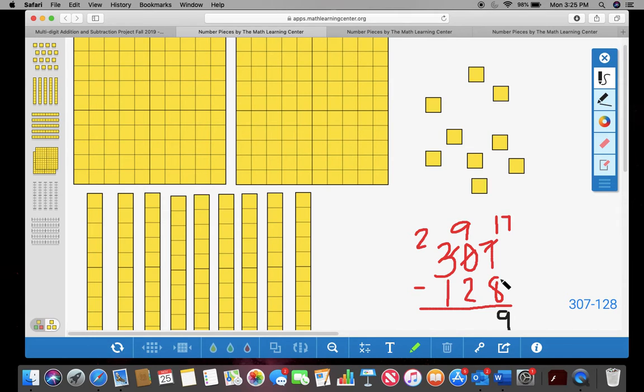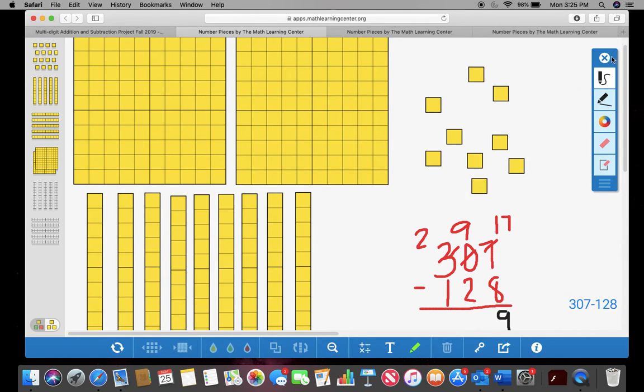Moving to the tens place, you now have 9 minus 2. The student has 9 rods right here: 1, 2, 3, 4, 5, 6, 7, 8, 9. To represent 9 minus 2, you would have to take 2 rods away because they are in the 10s spot.